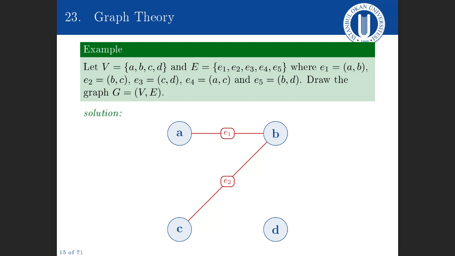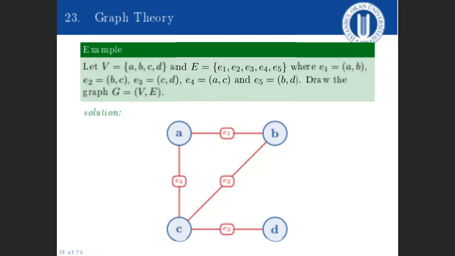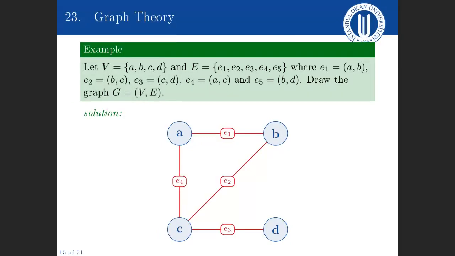And so on. E3 goes from C to D. E4 goes from A to C. And finally, E5 joins B and D. And then we're finished. This is a picture of the graph that we were asked to draw.